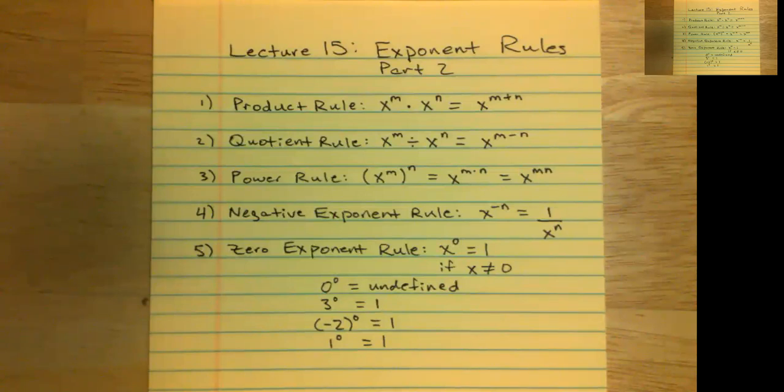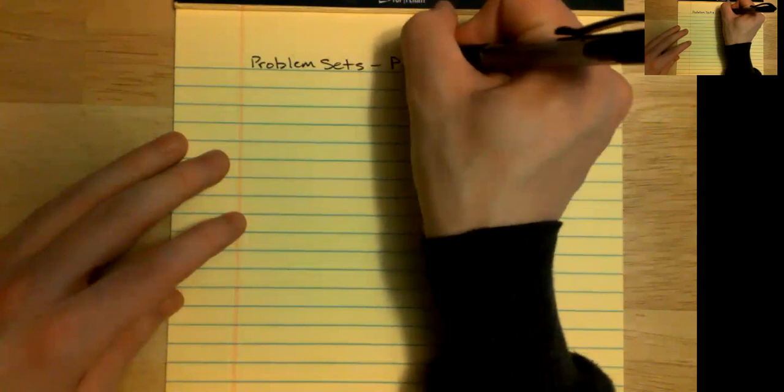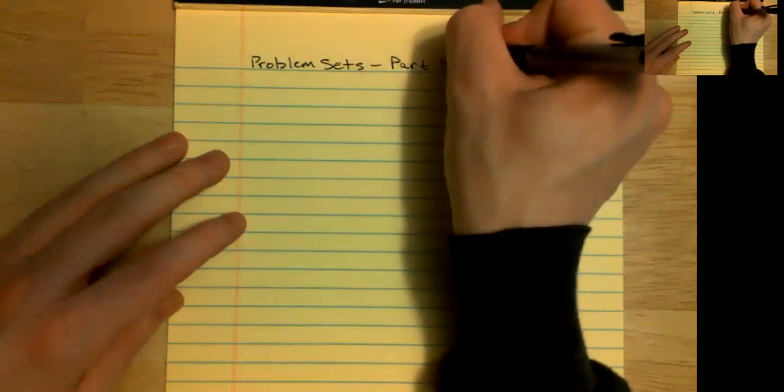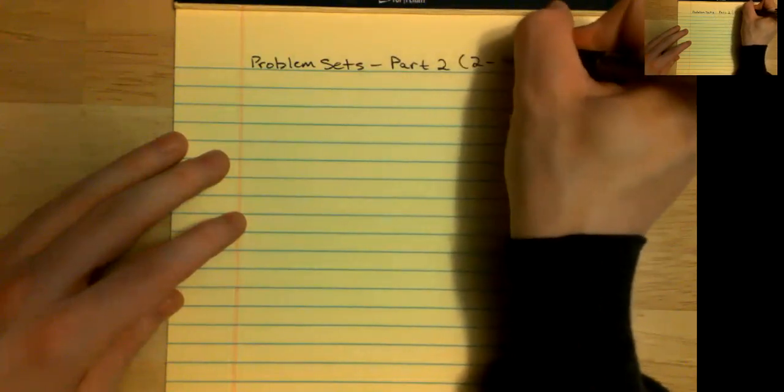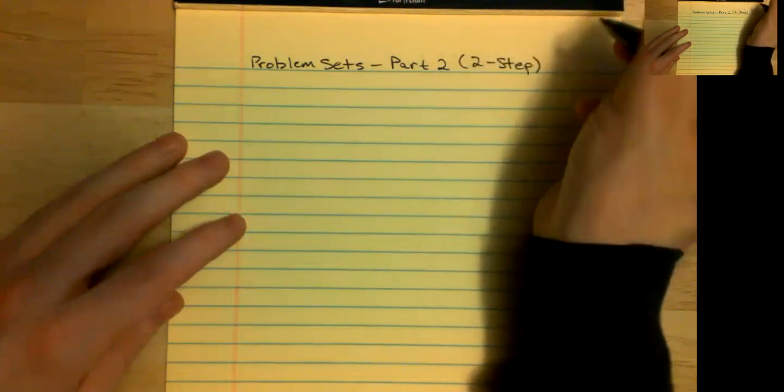So those are the 5 exponent rules: the product rule, the quotient rule, the power rule, the negative exponent rule, and the 0 exponent rule. So let's move on from this. Okay, so we are doing problem sets. And we are doing them from the part 2 or the 2-step problems.